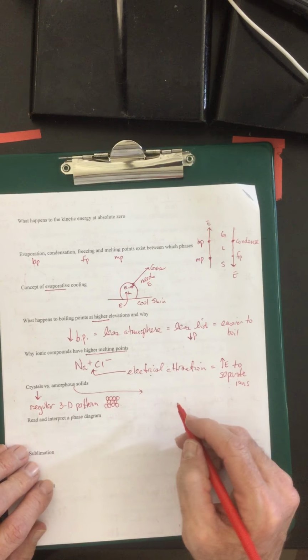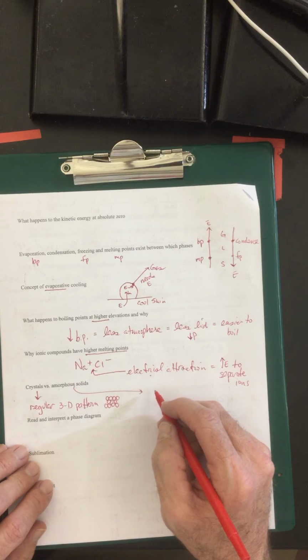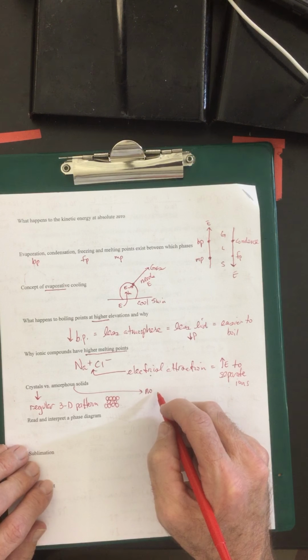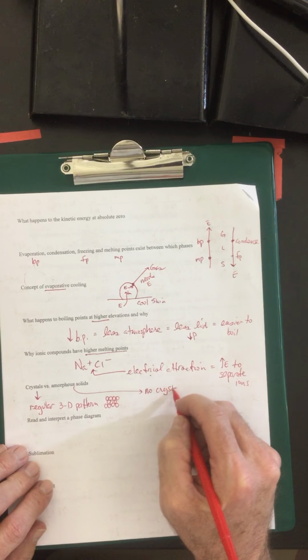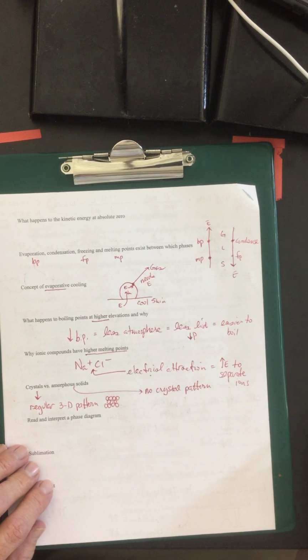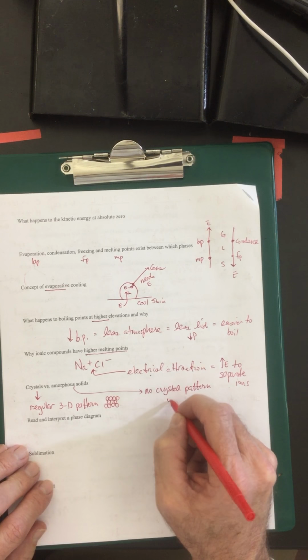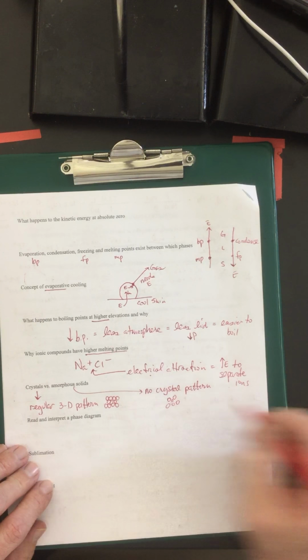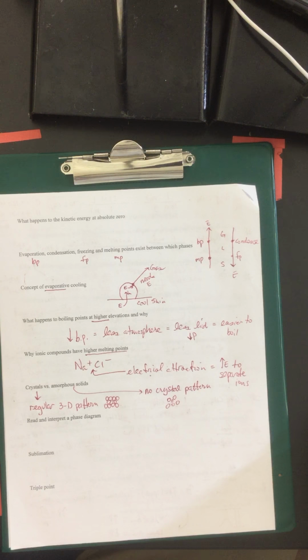Amorphous means a- without, morph means shape. So there's no crystal pattern, meaning that there's no regular 3D pattern. It's more randomly organized like this, and light won't pass through that.